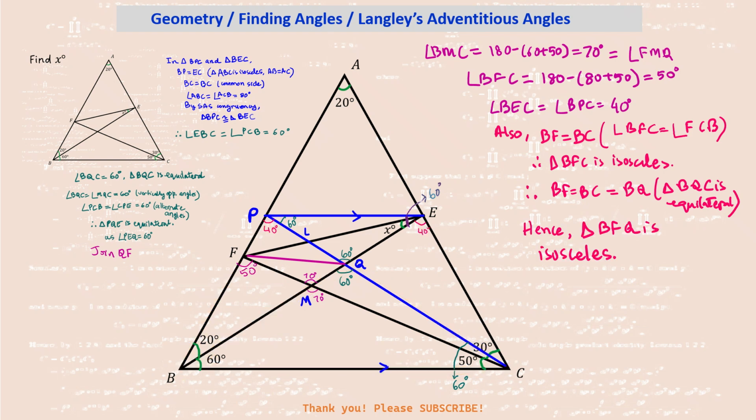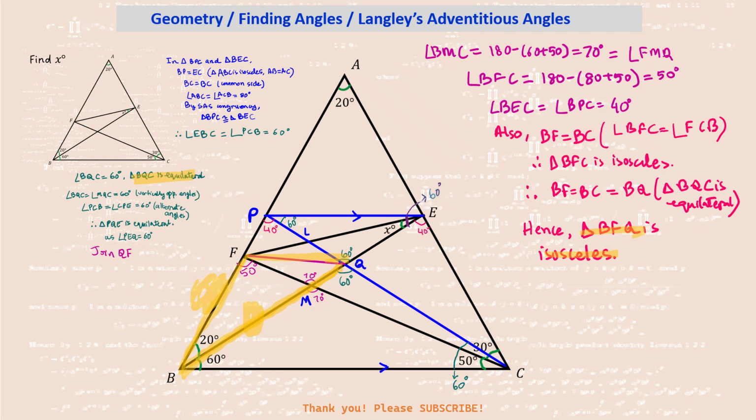Also BFQ is isosceles, because BF is equal to BQ.